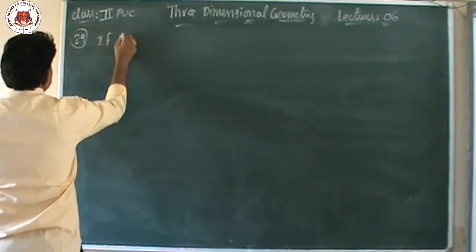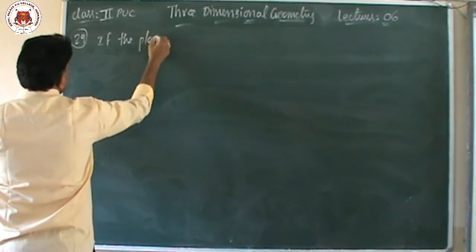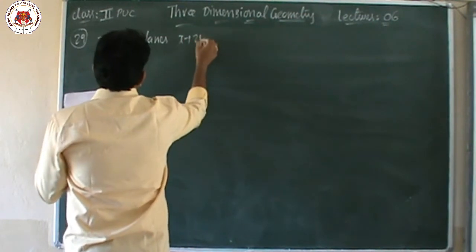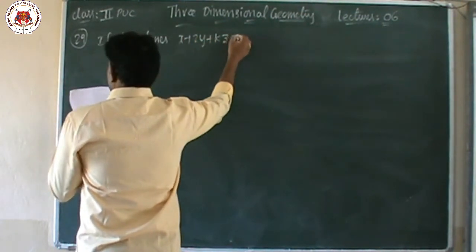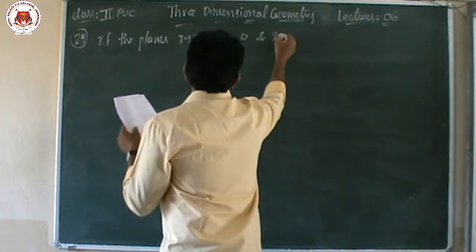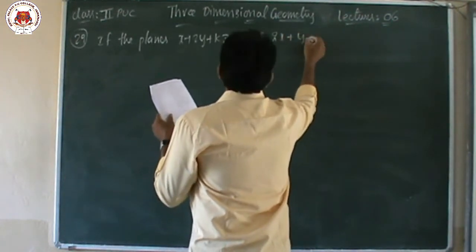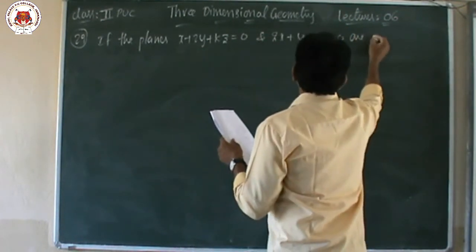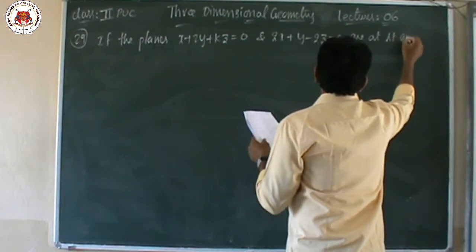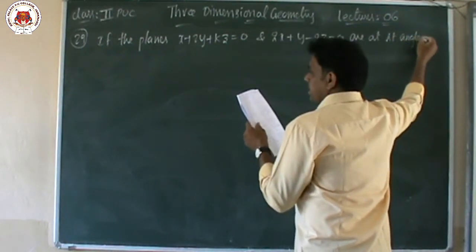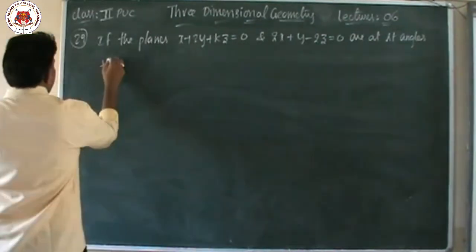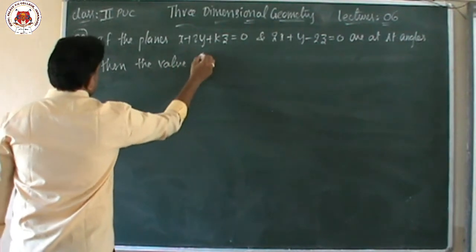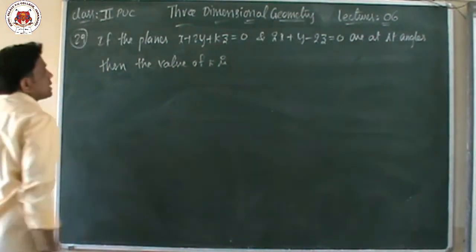If the planes x plus 2y plus kz equal to 0 and 2x plus y minus 2z equal to 0 are at right angles, then the value of k is, this is the question.